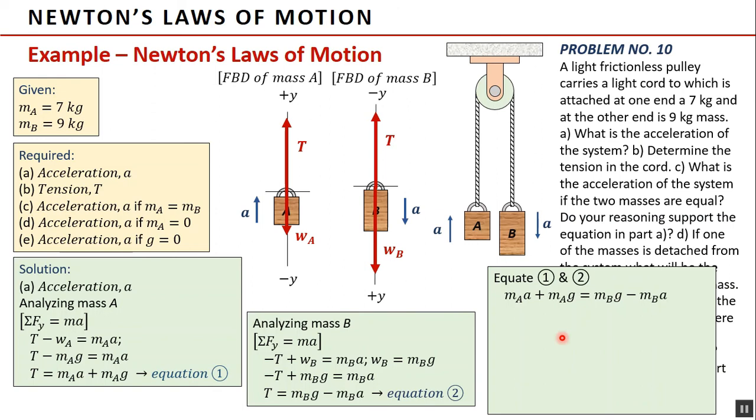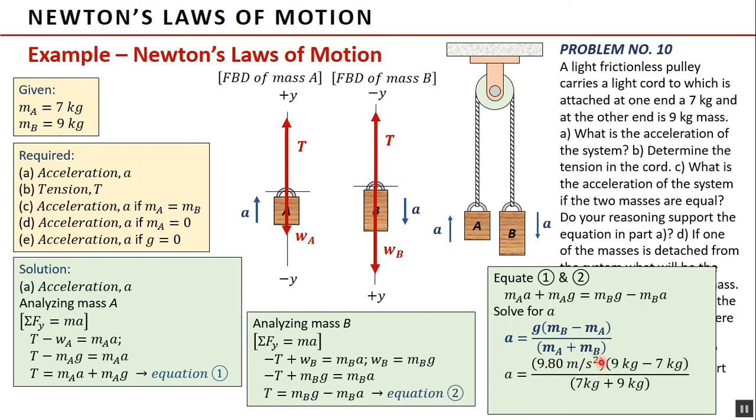Use your skills in algebra and solve for acceleration A. Finally, acceleration is gravitational acceleration g, multiplied by the difference of mB minus mA, all over the sum of mass of A plus mass of B. Then substituting the given information will give an acceleration of 1.23 meters per second squared. Wow, what a solution! Patience is a virtue. Remember this equation because we will use this to answer letters C, D and E.